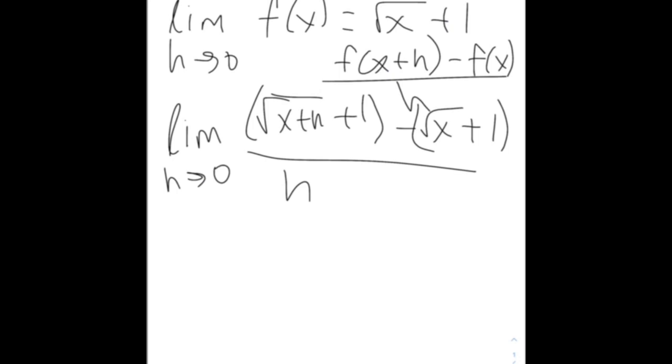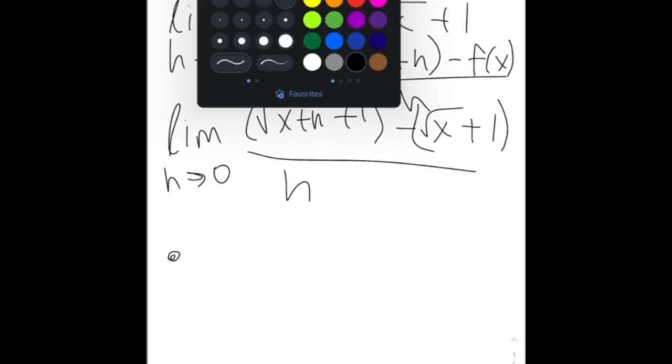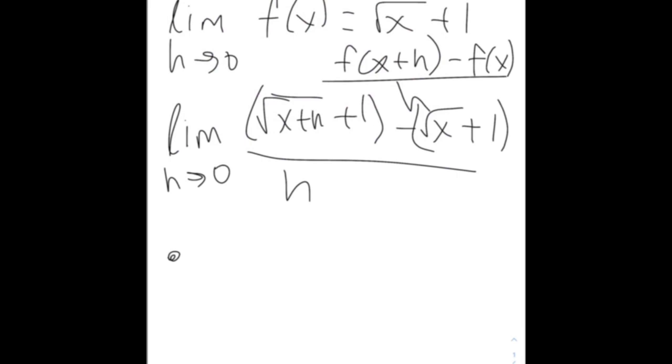First, let me note, before we do the conjugate, that a couple of things are going to cancel out. You will notice that we are distributing a negative to our square root of x and our 1. This becomes negative 1, and with a positive 1, that is going to cancel out. So that is the only thing to note here.